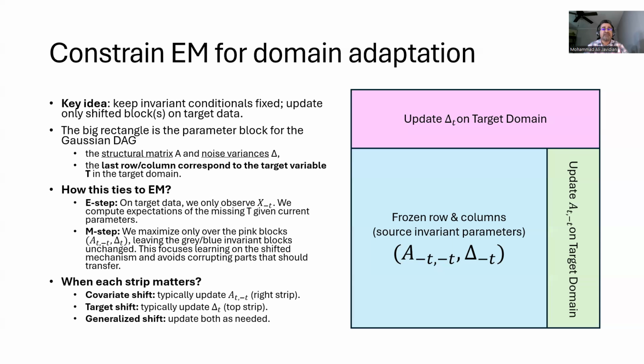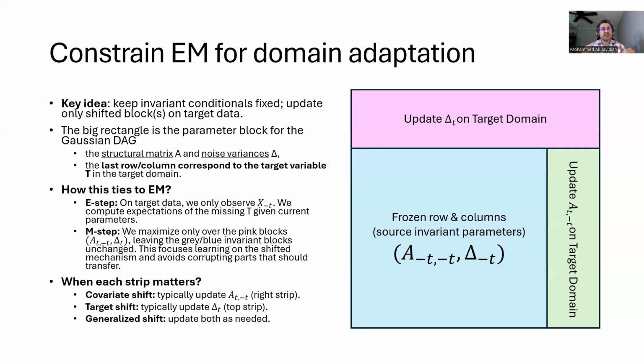In target shift, we keep the connections fixed and update T's noise or uncertainty on the top strip to match the new variability. In other words, how much variation in T is not explained by its parents. In generalized target shift, we update both the connections into T and T's noise or uncertainty. Why is this good?